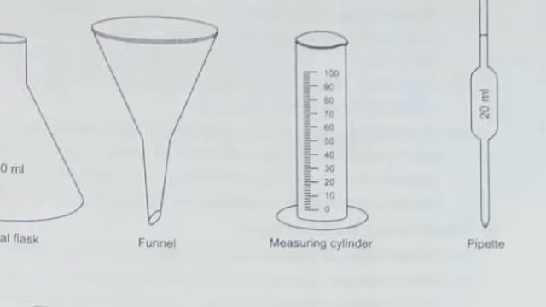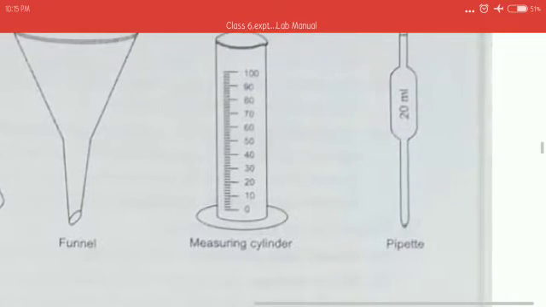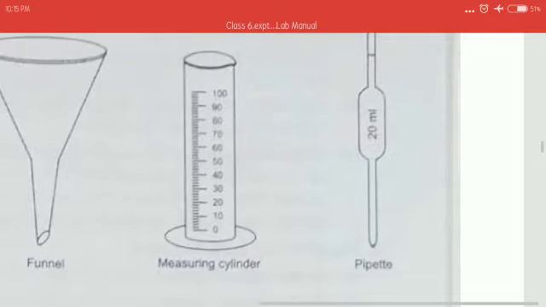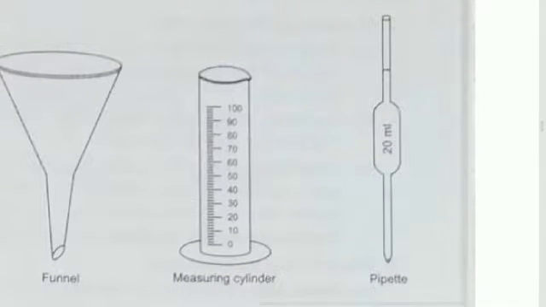This is measuring cylinder. It is used for large quantity. There is a scale on it, so we can use it for the measurement of volume. This is also for measurement of volume, but in small quantity. This is called pipette, for small quantity, and for larger quantity, measuring cylinder.